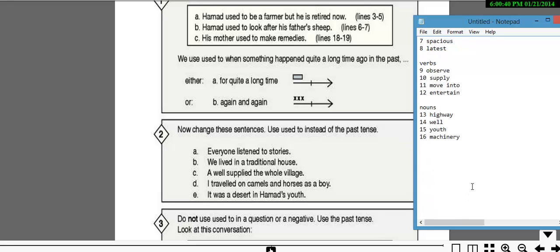So it goes, everyone listen to stories. Okay, everyone used to listen to stories. And next one, we used to live in a traditional house.